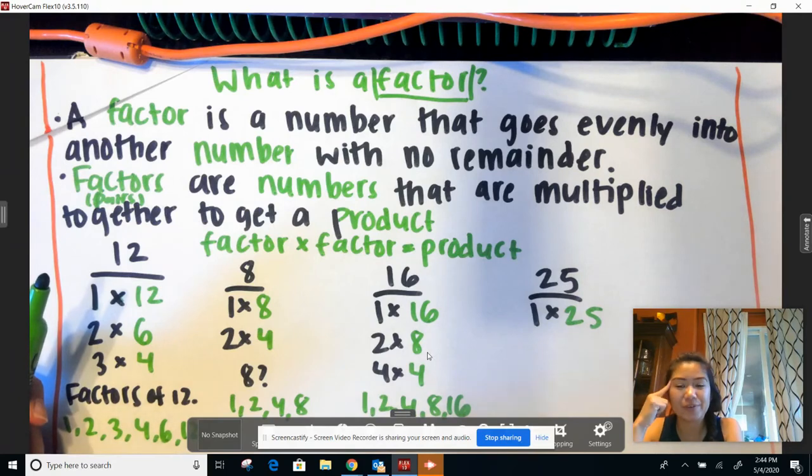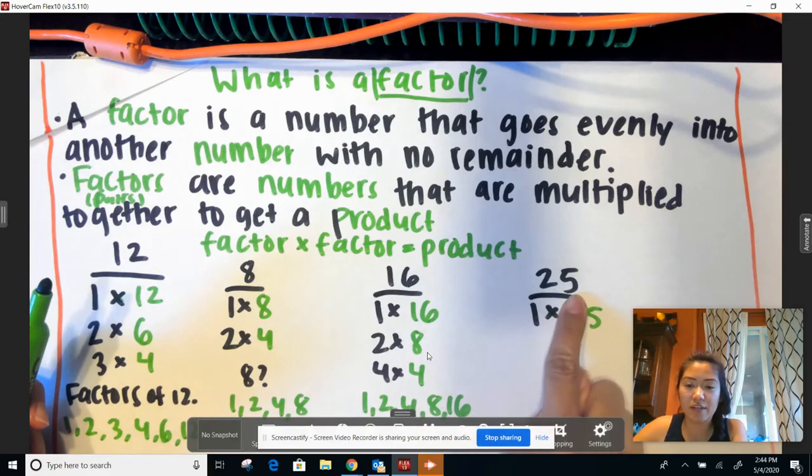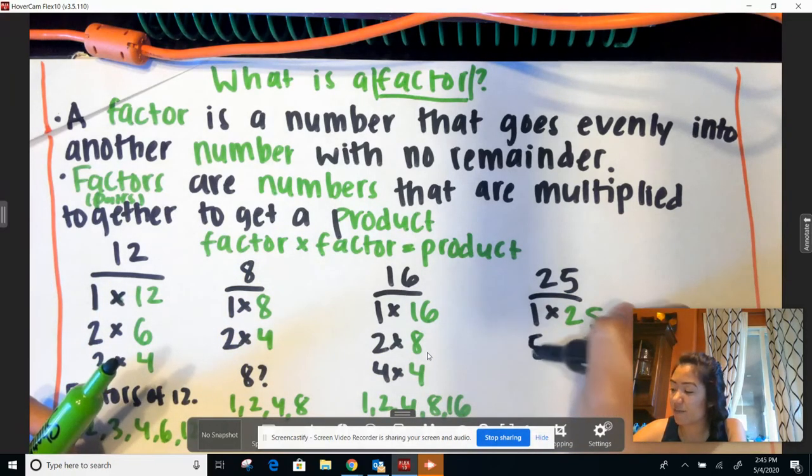5. Ooh, think about that. If you know your divisibility rules for 5, you should know that 5 can go into any number that ends in either a 0 or 5. So we have 5, 10, 15, 20, 25, 30. Notice all those numbers end in either a 0 or a 5. So check it out. This number ends in 5. That means that 5 can go into there.